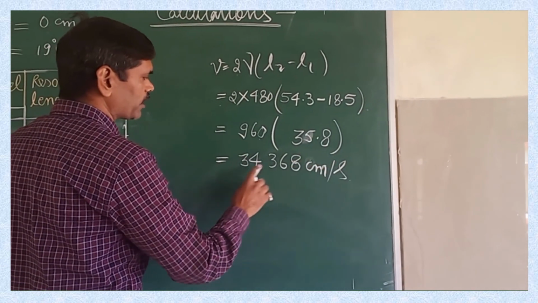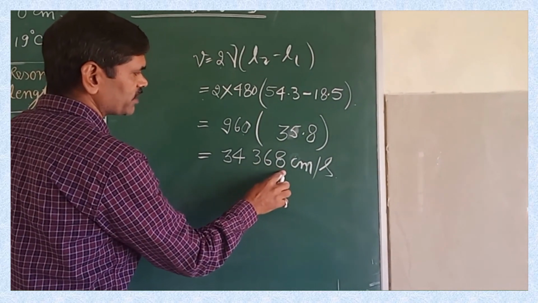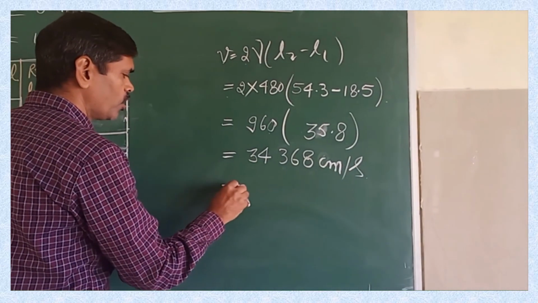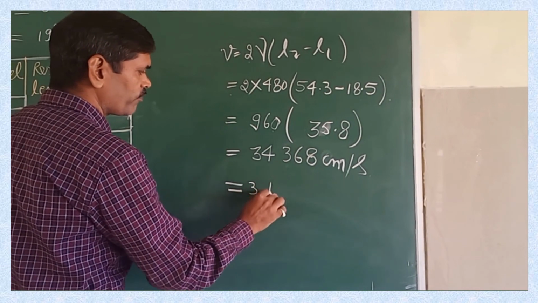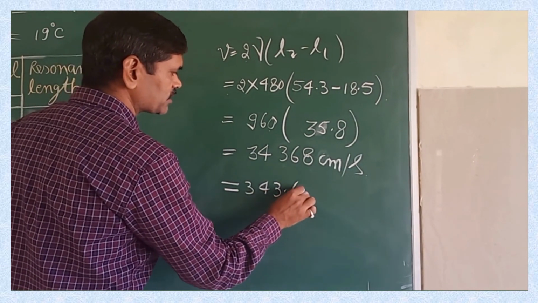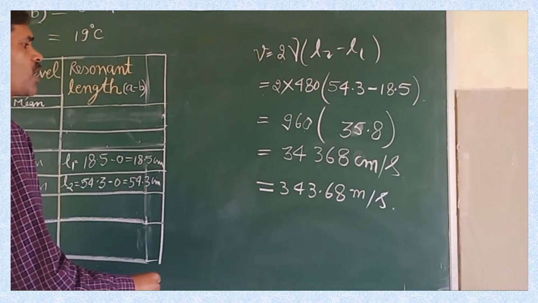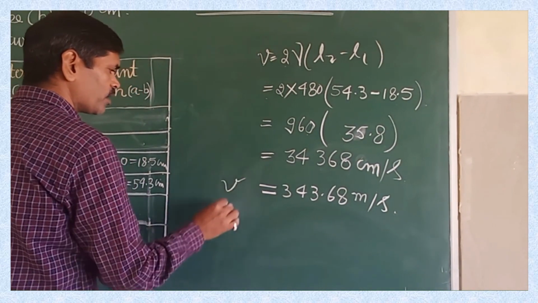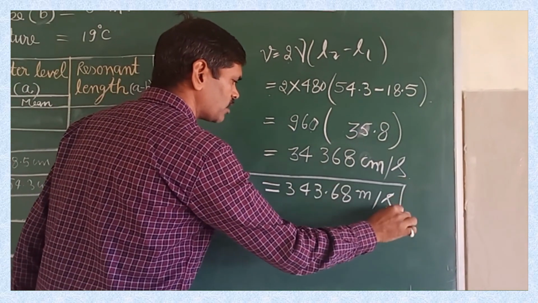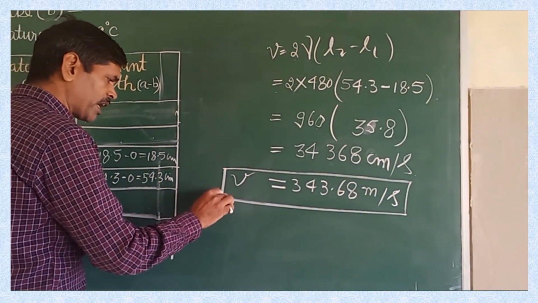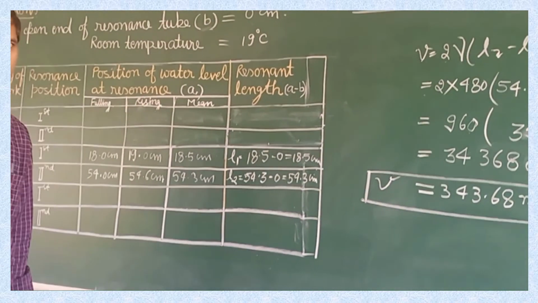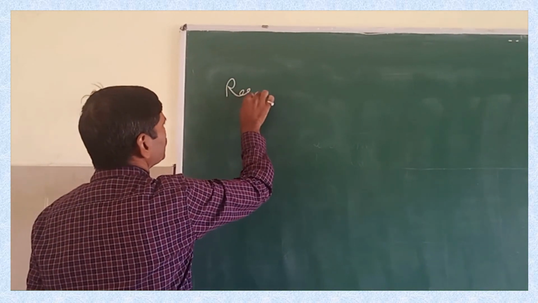Now multiply, you will get 34368 centimeter per second. Now it is 343.68 meter per second. This is the speed of sound in air at room temperature.